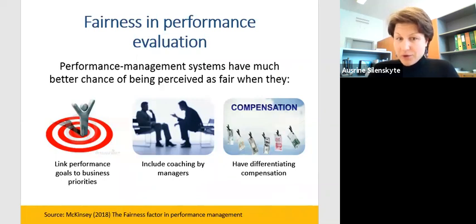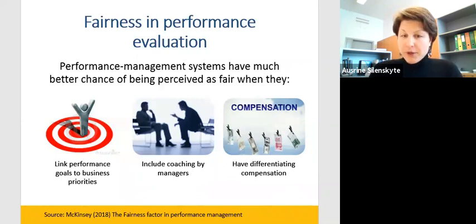That is also important when trying to link performance goals effectively to business priorities. And finally, of course, the goals should always be adapted when the strategic situation changes.